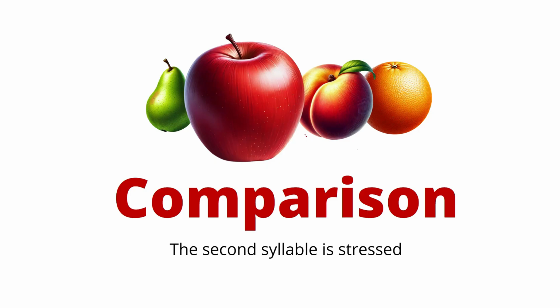The second syllable is much bigger, like the apple. Those 4 pieces of fruit represent the 4 syllables in comparison. You'll see the first syllable, the pear, is very small. The third and fourth are kind of medium size, but the second one is the big one. Comparison.